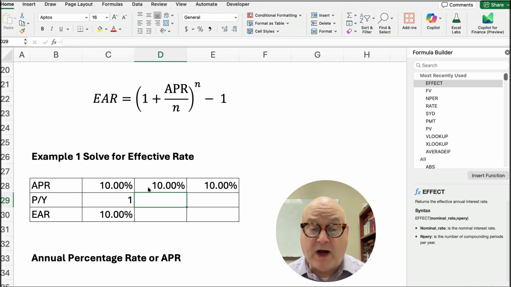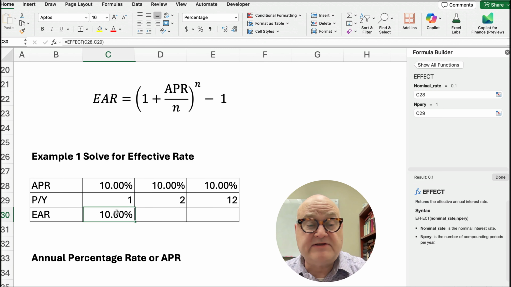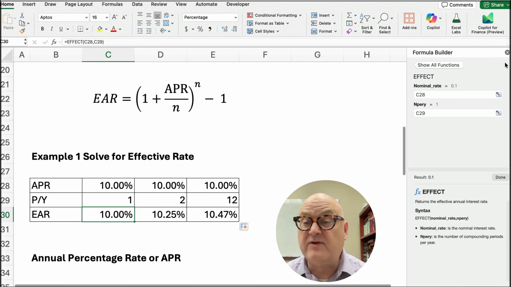What if we do it twice a year, and what if we do it 12 times a year? Well, I'm going to just copy this over so we can have some check figures. So the more we compound it, this 10% becomes, twice a year, a 10.25 effective rate, or 10.47 if it's compounded 12 times during the year.